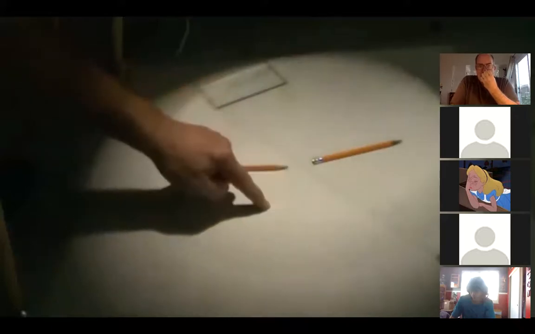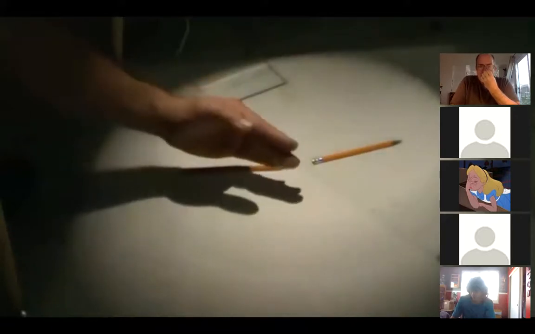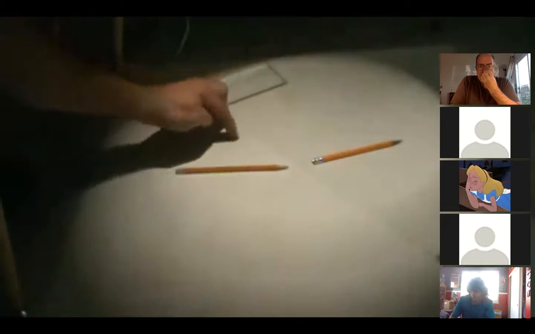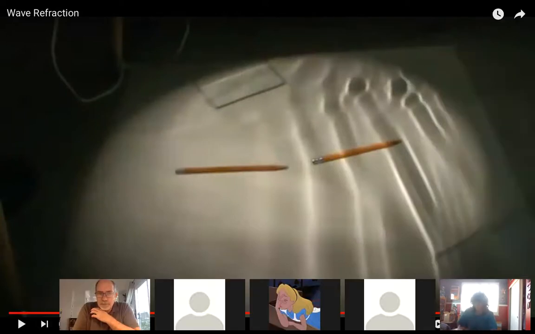This part of the wavefront strikes it and slows down, while this part is still moving fast. So the whole thing changes direction because the speed changes from one medium into another. You can see that observed right there. The more severe the speed change, the more bending. Actually, maybe you can see the wavelength difference. If I back this up, the windows are in the way, so let me see if I can just stop this at the right time.